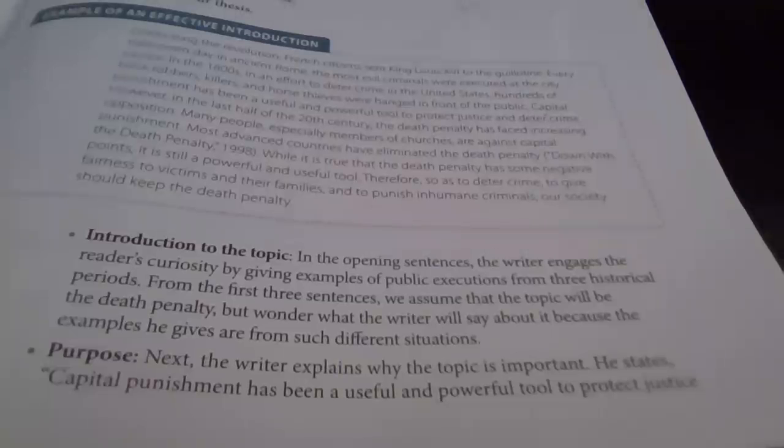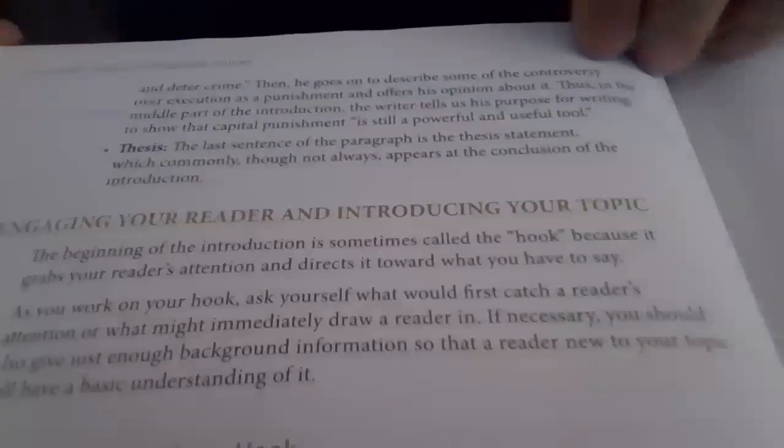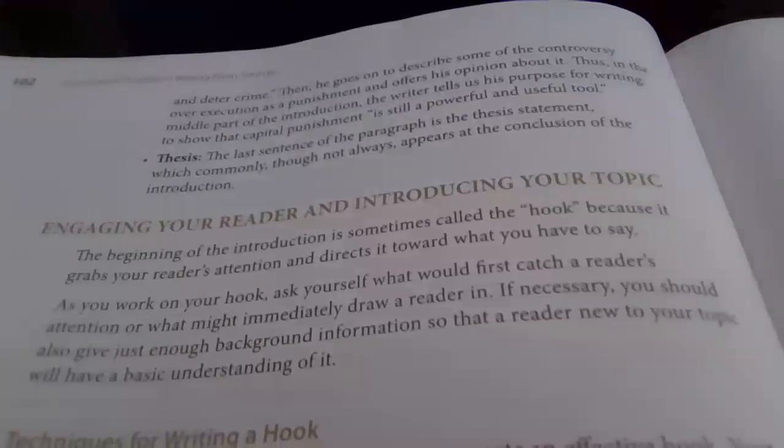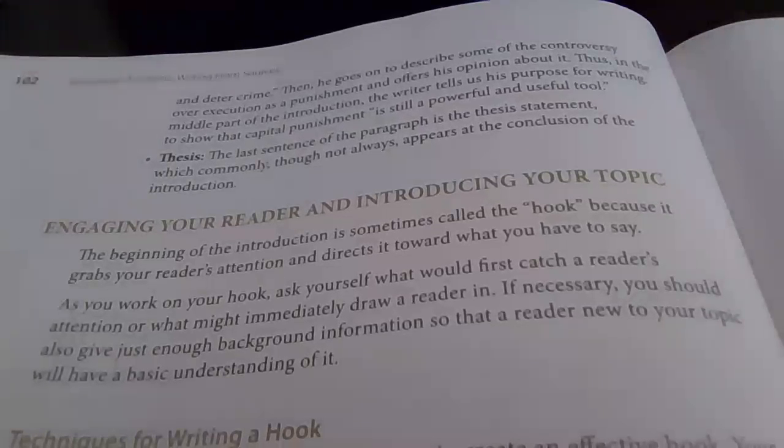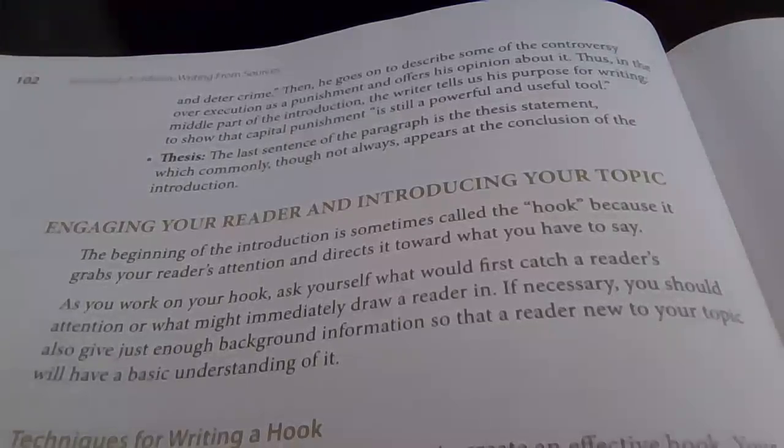Purpose. The writer explains why the topic is important. He states capital punishment has been a useful and powerful tool to protect justice and deter crime. And so yeah, that's a purpose for having capital punishment. Then he goes on to describe some of the controversy over execution as a punishment and offers his opinion about it.